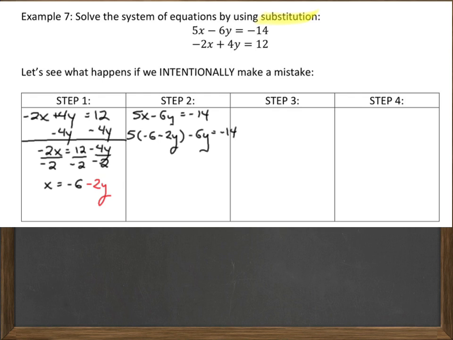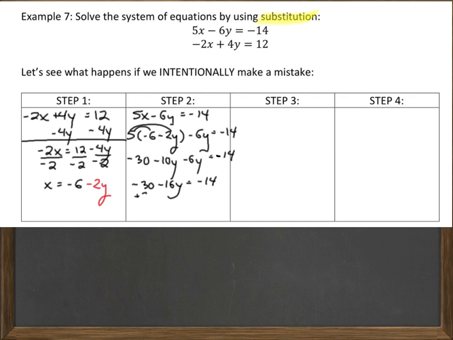So now we have 5 times negative 6, that's negative 30. Then we have 5 times negative 2, that's negative 10y. Then minus 6y equals negative 14. So we have negative 30 minus 16y is equal to negative 14.